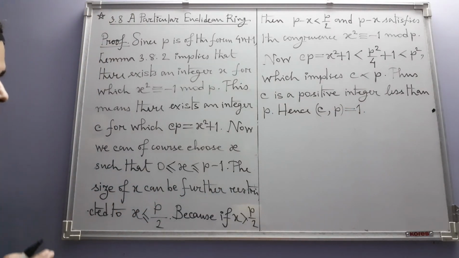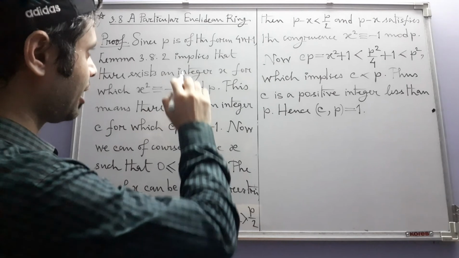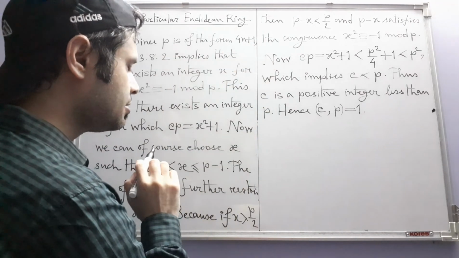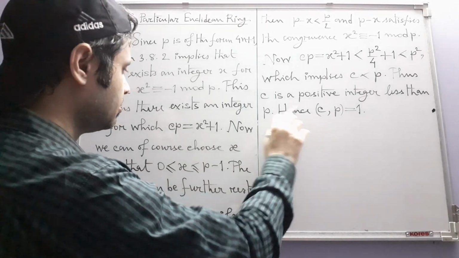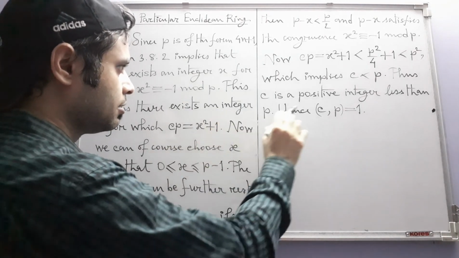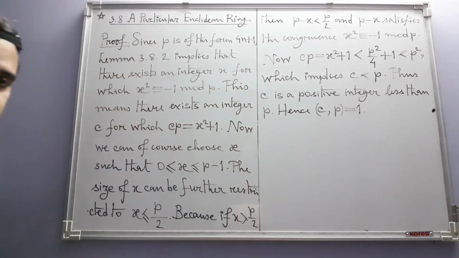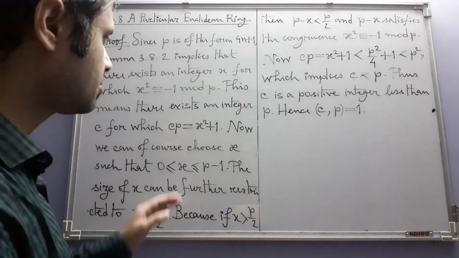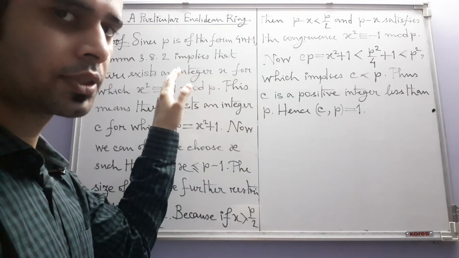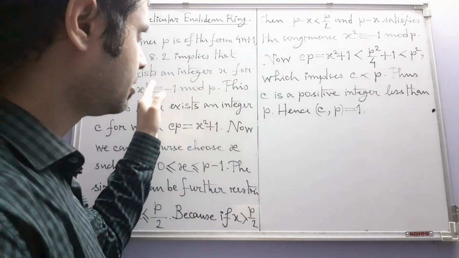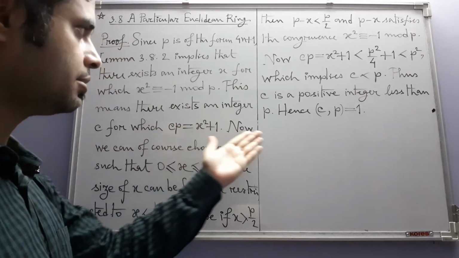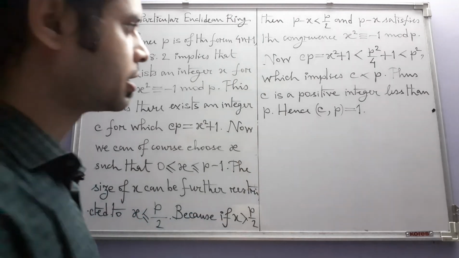Now look at the situation. We have a prime p of the form 4n plus 1, and there exists an integer c for which we have this, and c and p are relatively prime. So that means we are in a position to use that lemma from the other video, lemma 381, and conclude that p is a sum of two squares.